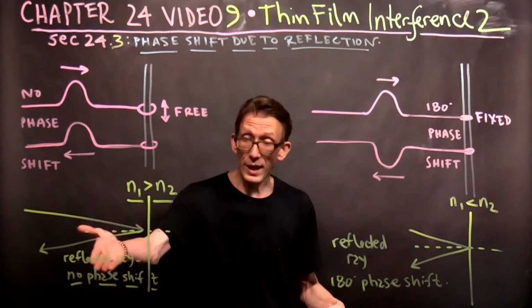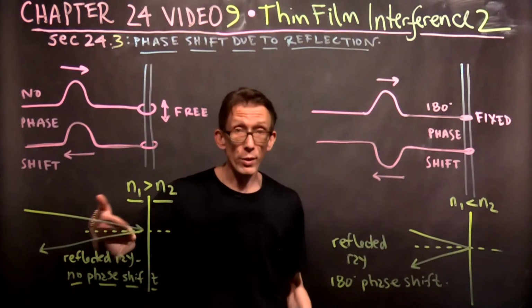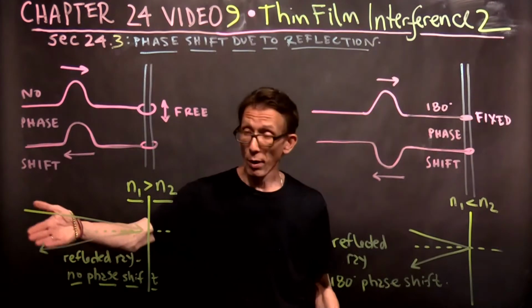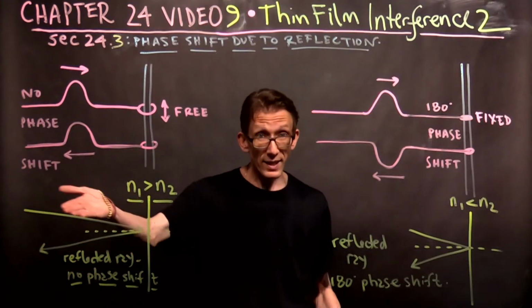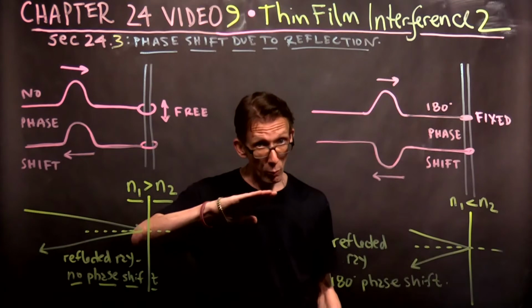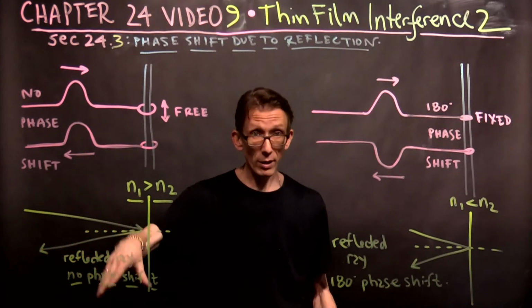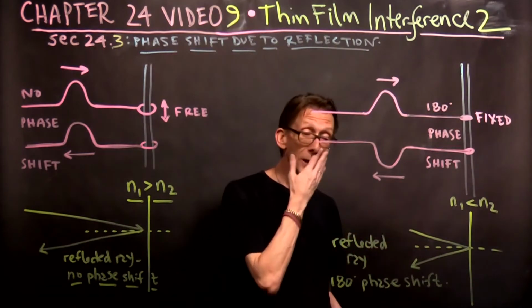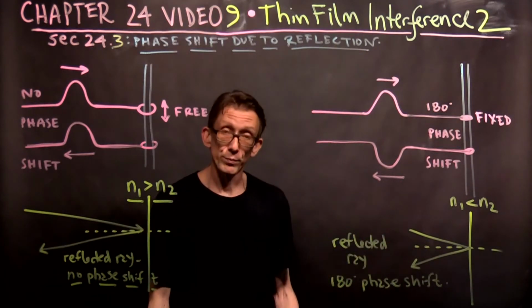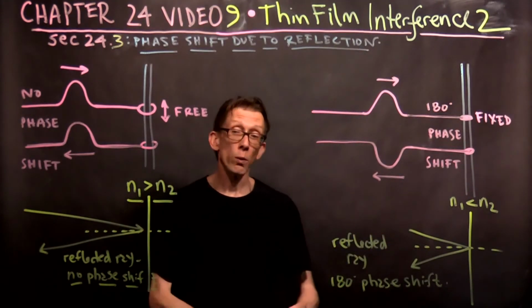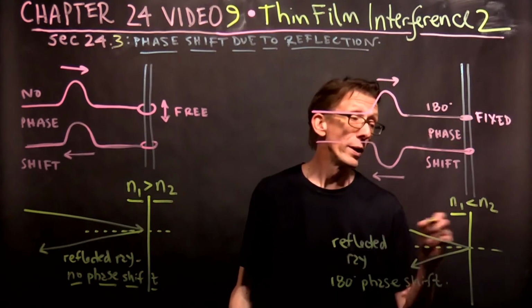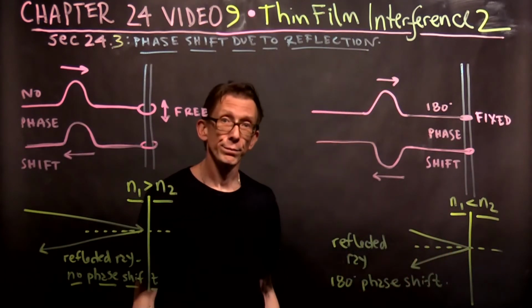In the other case, where there was a peak before, there's still a peak. That part of the wave that was peaking when it was incident is the same part of the wave that has a peak when it's reflected. Peaks and troughs all stay lined up here. Here, there's a phase shift, if you go from a low index to a high.